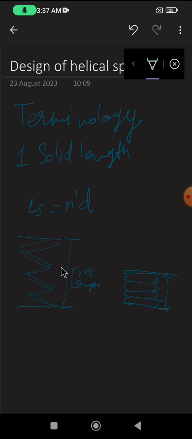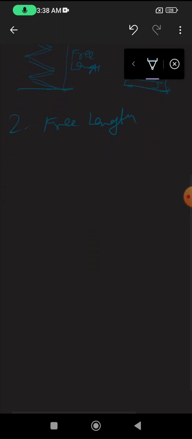Now what will be the free length? LF. So second definition is free length. So what is free length? Free length of a compression spring, as shown here, is the length of the spring in free or unloaded condition. It is equal to the solid length, so LF will be equal to the solid length, that is LS, plus the maximum deflection or compression of the spring and the clearance between the adjacent coils when fully compressed.